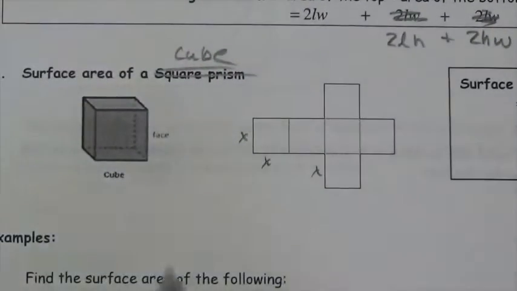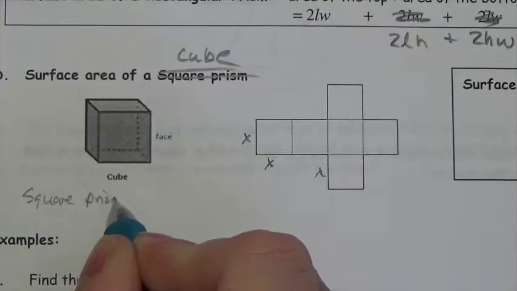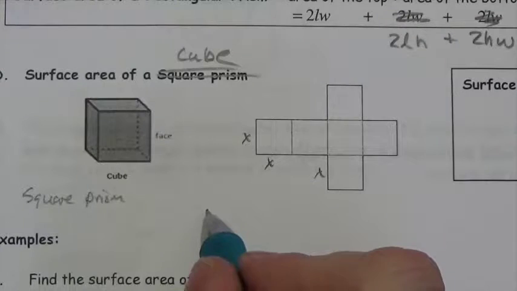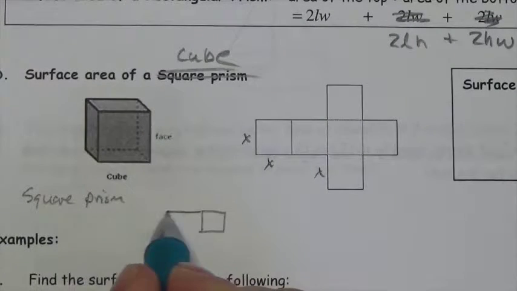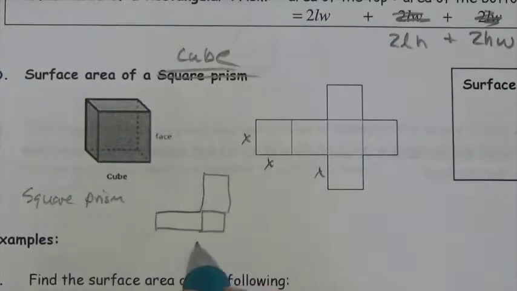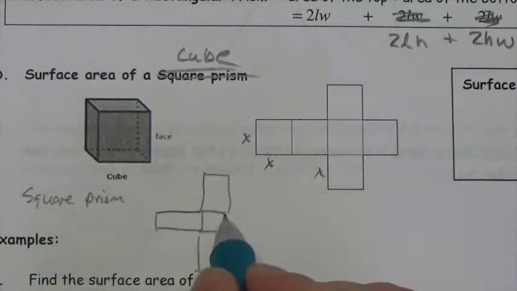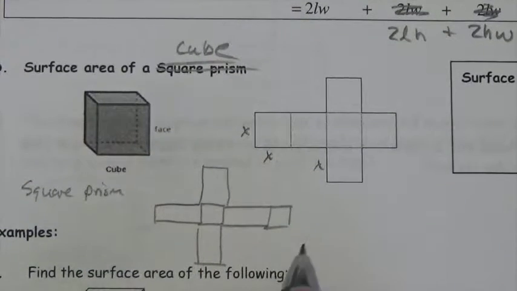Now, if it's a square prism, then what you've got here is you're going to have a square on the bottom, and then you're going to have these rectangles popping out. Rectangle, rectangle, rectangle, and then you're going to have another square somewhere right there. Okay?